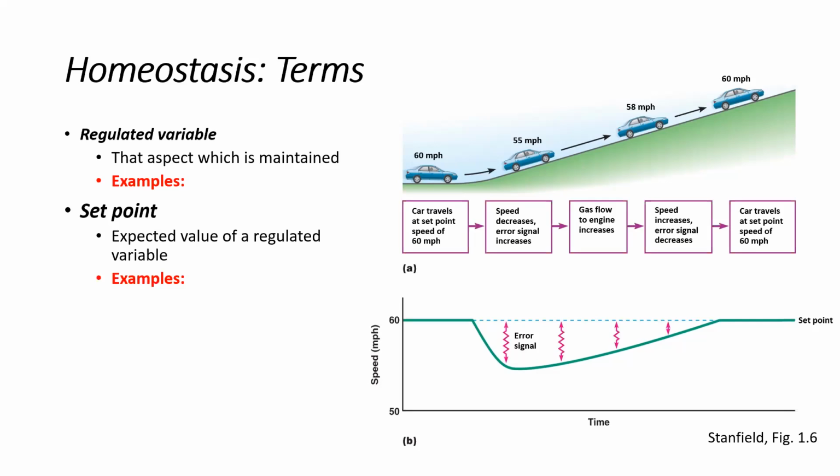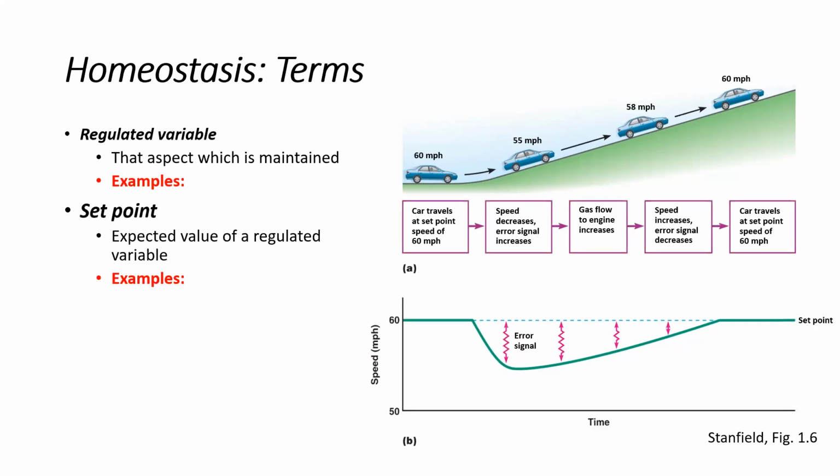We can also describe the set point as another component of homeostasis. And that's going to be the expected value of said regulated variable. Again, the set point in this example happens to be the speed that we want our car to be maintained at, and that happens to be 60 miles per hour. If we translate that to our physiology, our set points are things like blood pressure.